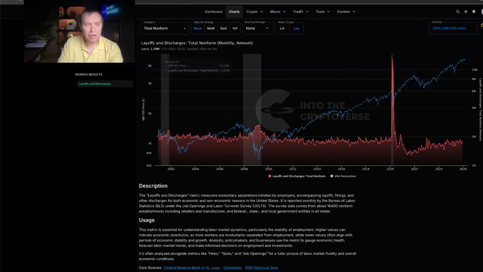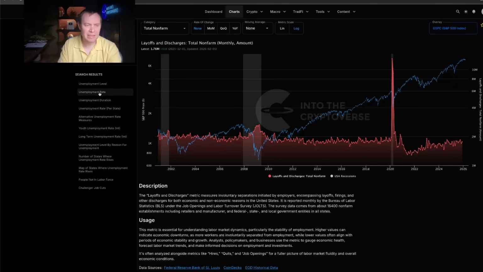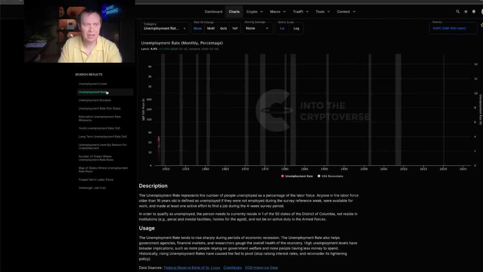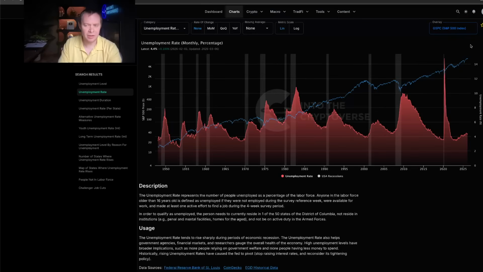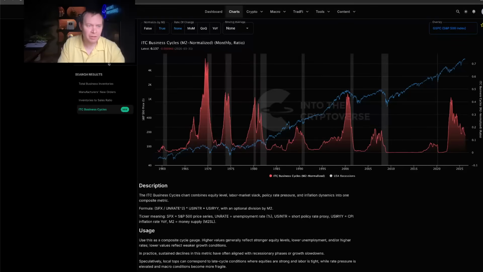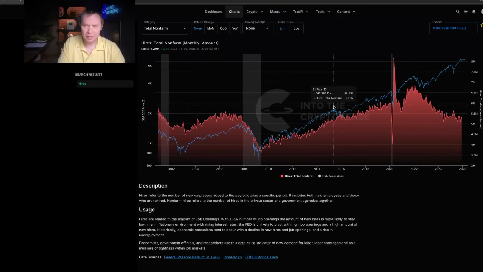So the reason the unemployment rate has not yet entered its non-linear phase is because layoffs are low. We know that all the other metrics don't look great. If you look at hires, we got that data a while back.